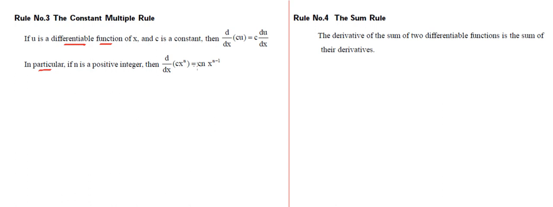So the answer will become c n x raised to power n minus 1. So n is any integer for that, or any number for that. So this term you can omit. As we have talked about, this is true for any real number. So if n is any real number, it's going to work.